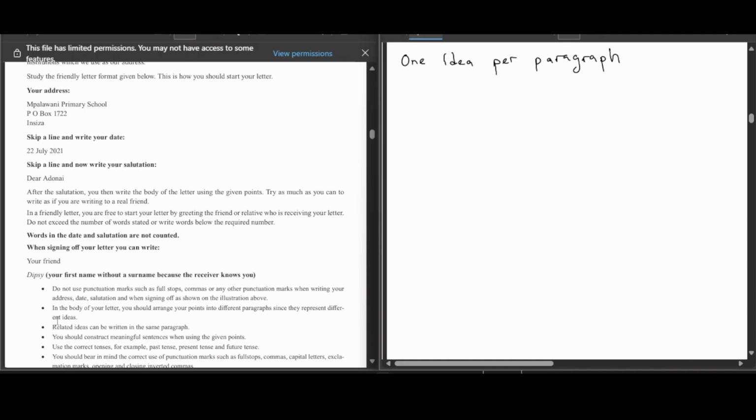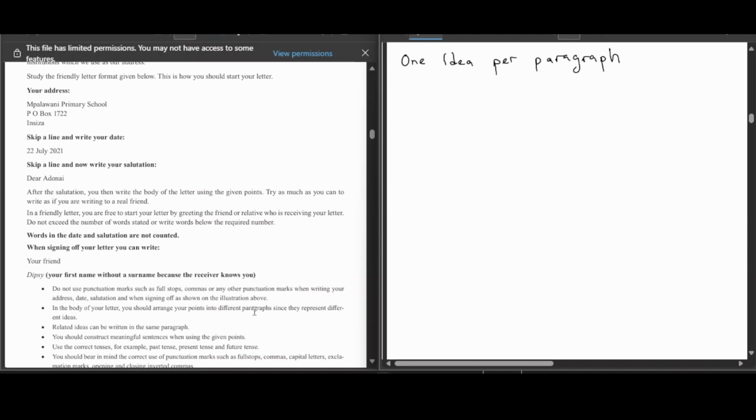As is illustrated here, in the body of your letter, you should arrange your points into different paragraphs since they represent different ideas. Related ideas can be written in the same paragraph. So if you can take 2 points because of how related they are and fuse them into a single paragraph, that is also allowed.